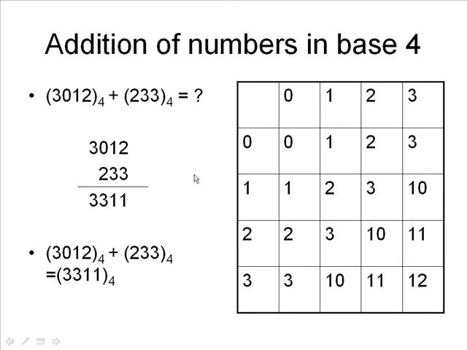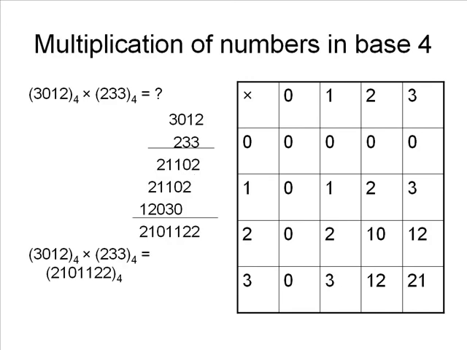And then let's look at an example of multiplication. This example is on page 27 in the textbook. So we start with the last digit 3. 3 times 2 from the table is 12. So we write down 2 and carry the 1 here.